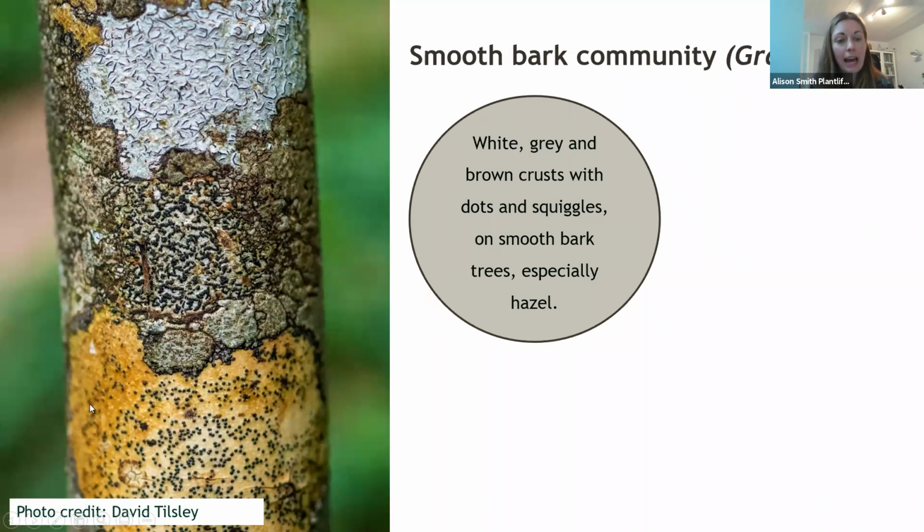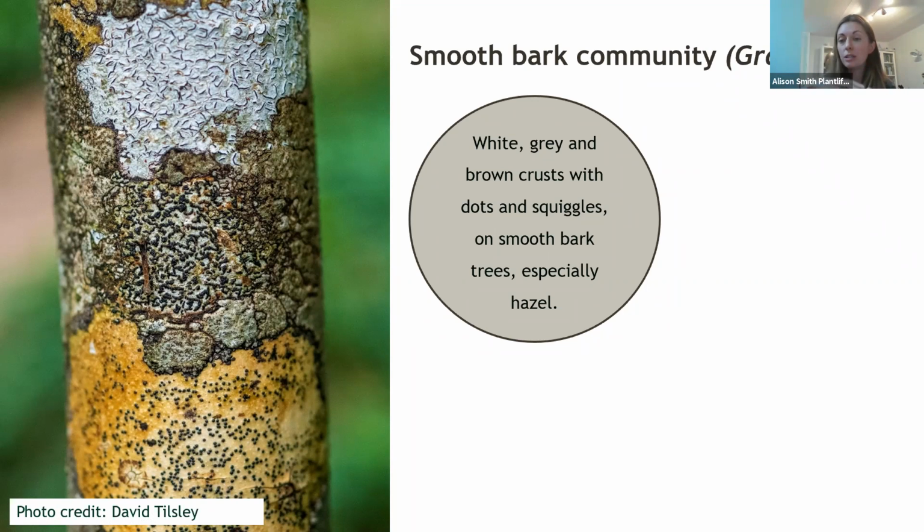This image on the left shows you a typical rich community of the smooth bark lichens, where you have just a mosaic. Some of the woodlands near where I live, which are ancient woodland, have some really old areas of hazel with plenty of light.